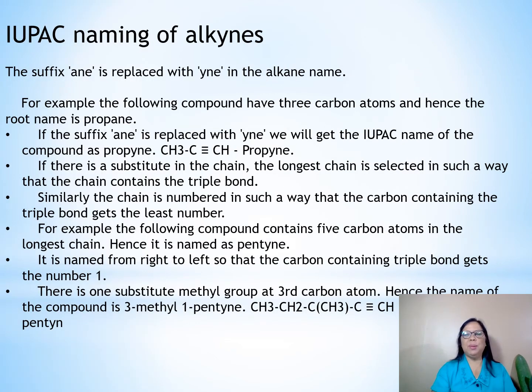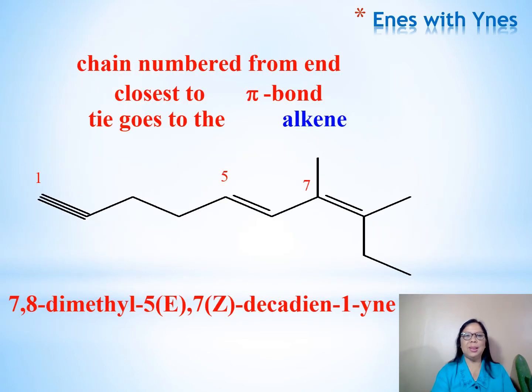Now let's go to your most favorite activity in hydrocarbons, the IUPAC naming. The same principle: you look for the longest carbon chain through which the triple bond passes. So in this case, you start here because you could already see that the triple bond is found in the first carbon. So carbon 1, carbon 2, 3, 4, 5, and then you have a double bond here, 6, 7, an alkyl group, and a double bond, 8, 9, 10.